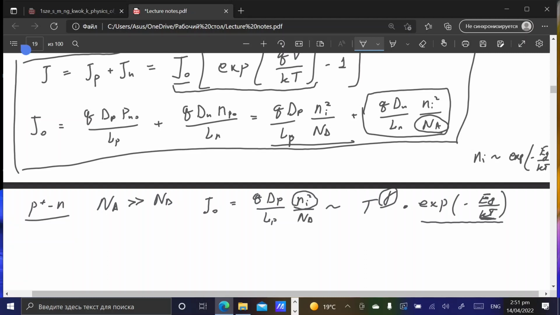Now this was done until now in the dark, and our next step will be to bring some light to the studio and check what will happen when we illuminate such a p-n junction and utilize it in photovoltaic mode.